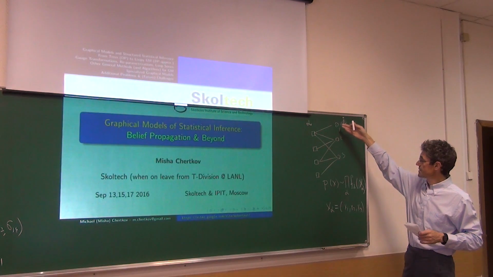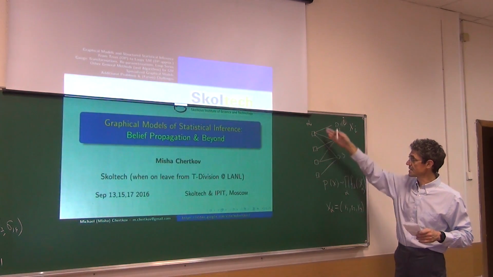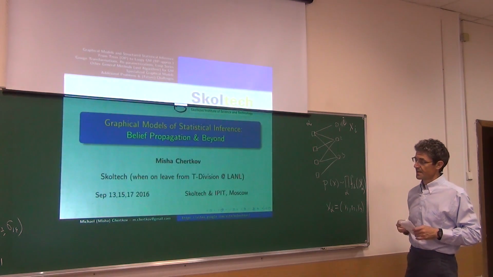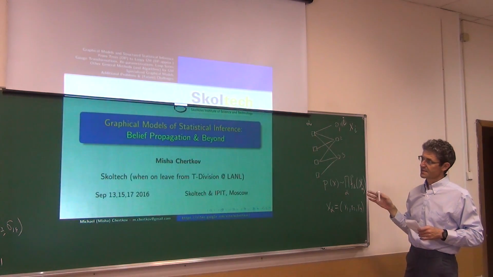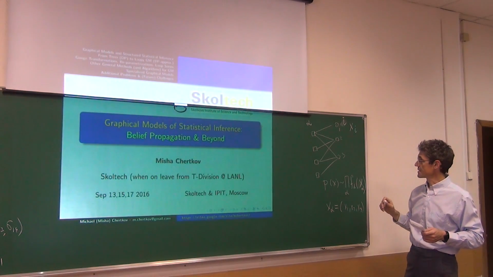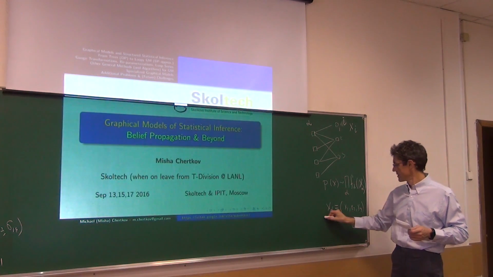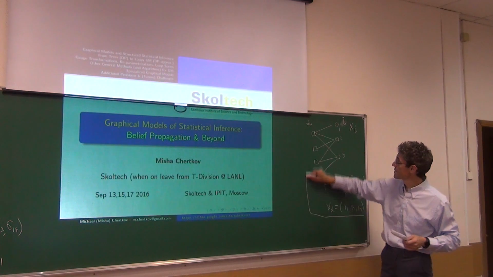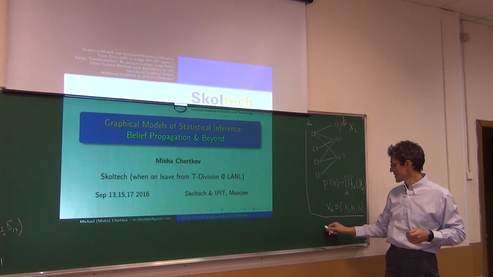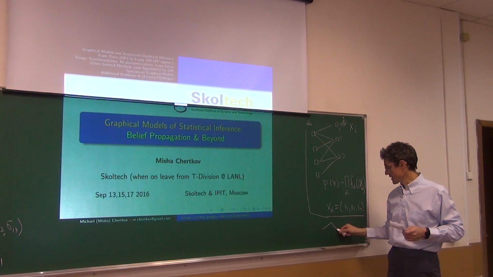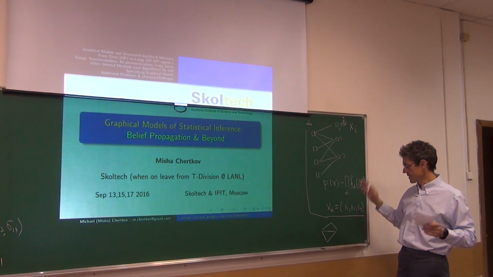So variables are on vertices, and factors are also on vertices, but on the other side of the bipartite graph. I also mentioned the Ising model. It's yet another representation. Let me put it here. It's a graph again, now not necessarily bipartite, whatever graph.